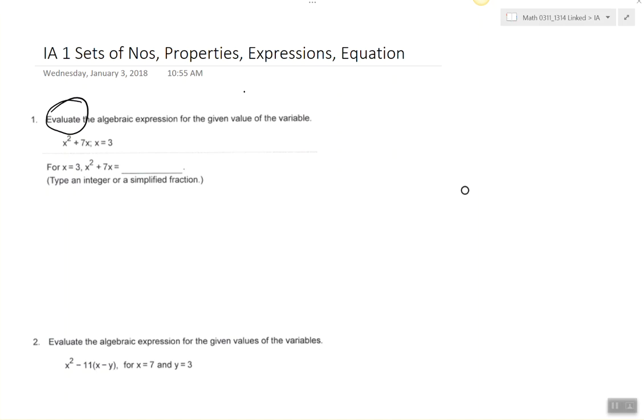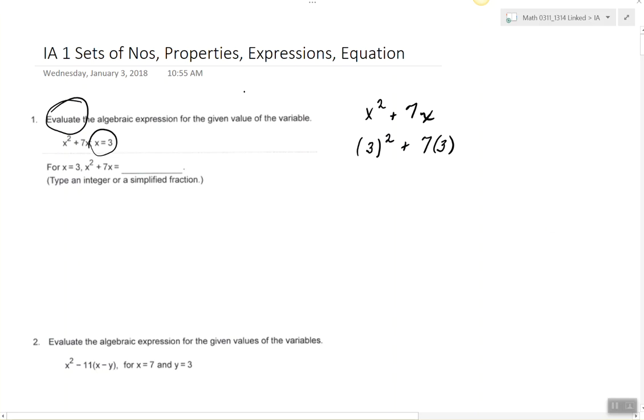In number 1, I have the expression x squared plus 7x. And I'm going to find its value when x is 3. So that means that I'm going to put 3 in the place of x and square it, and then 7 times 3 in the place of x again.